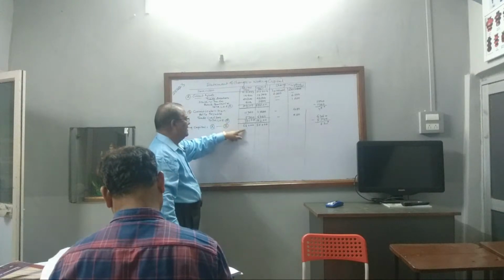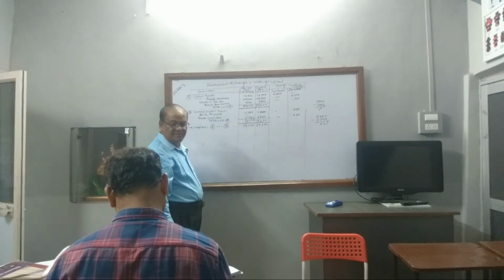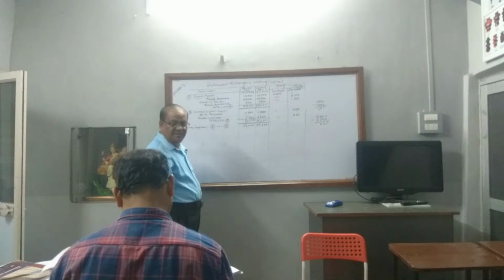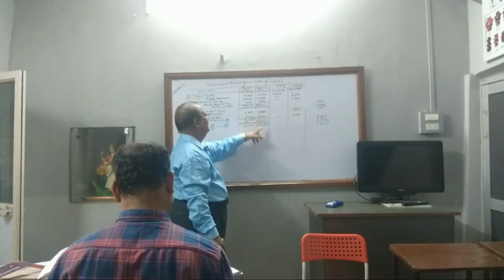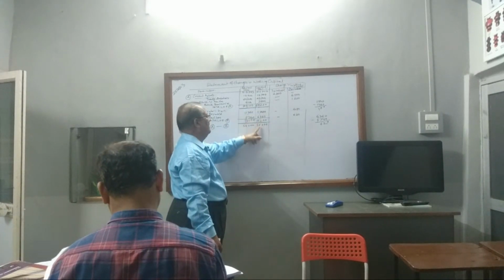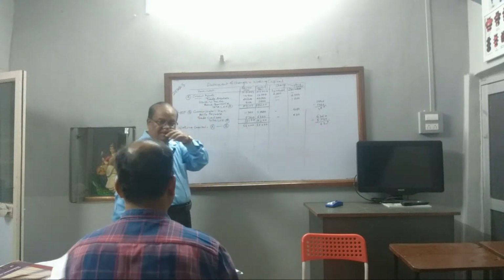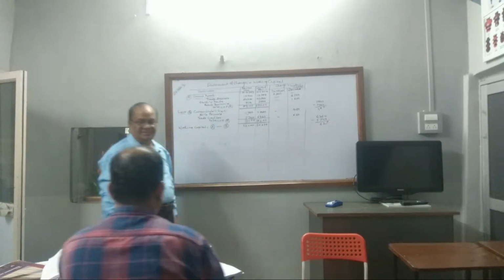You will get here 56,000. Got it? Then next, 68,200 minus 18,200. You will get 50,000.